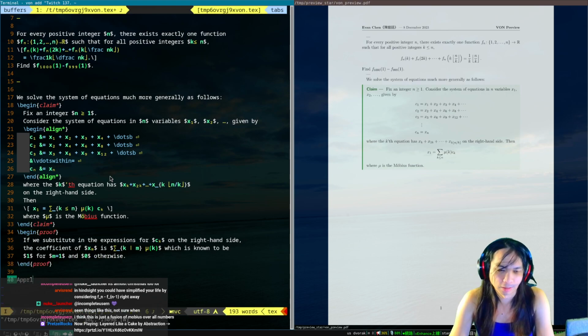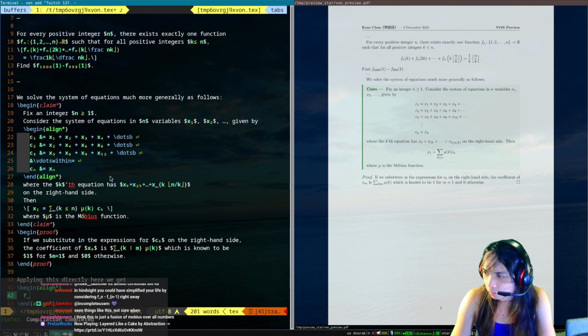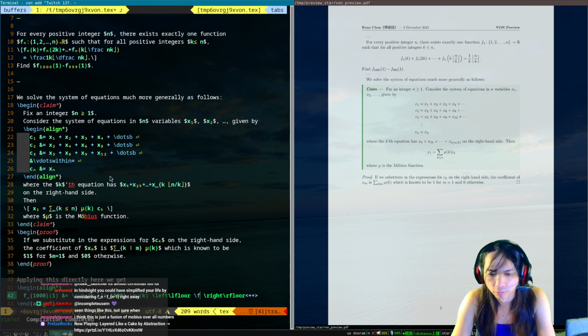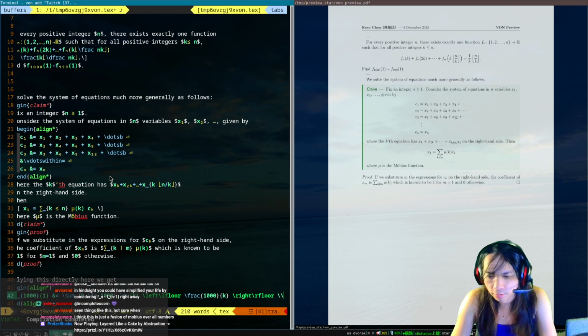Okay, so applying this directly here, we get f sub 1001 is equal to the sum of k less than or equal to 1000 of mu k floor 1000 over k.